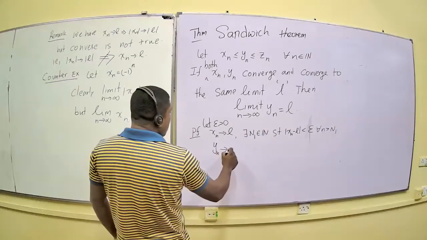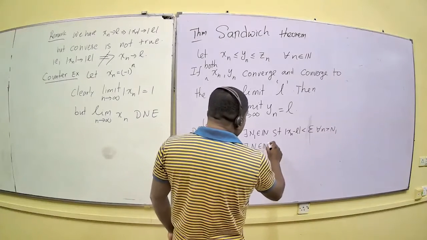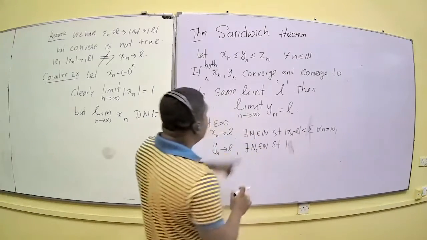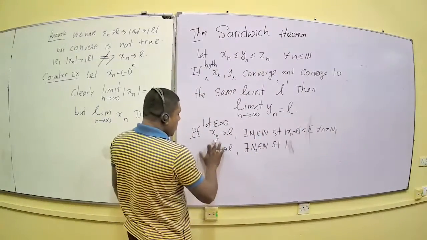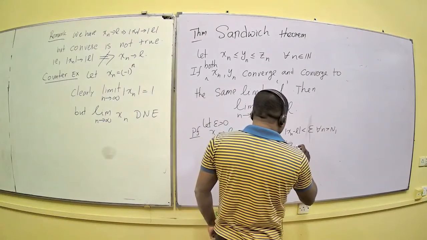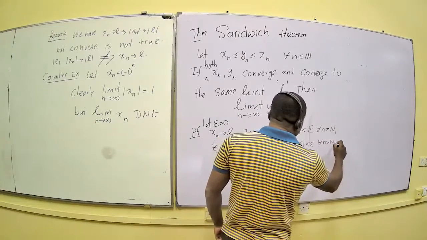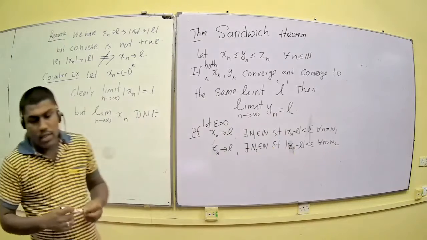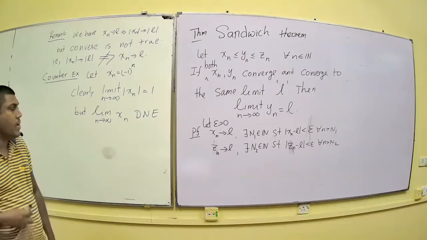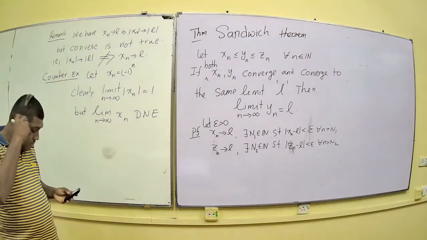And then you have zn goes to L. So there exists n2 in the natural numbers such that |zn minus L| is less than epsilon for all n greater than n2. By the convergence of xn to L and zn to L, this is what you have.